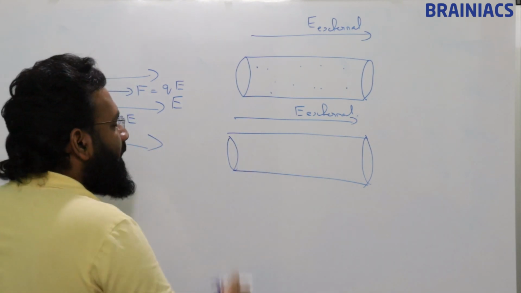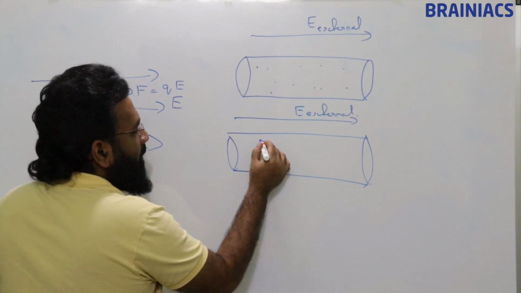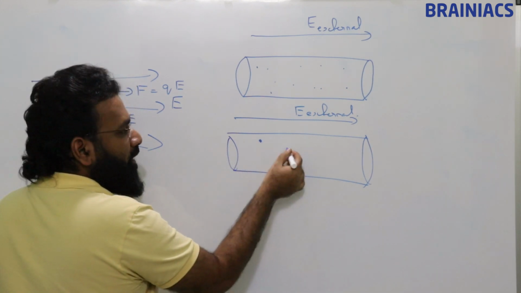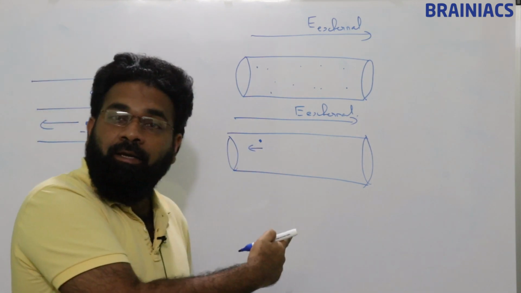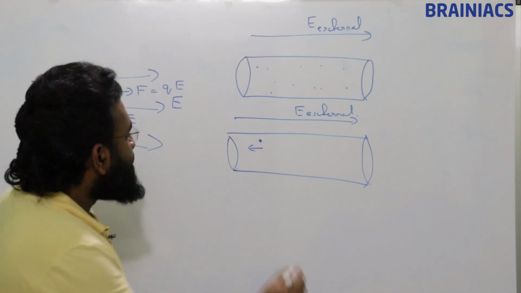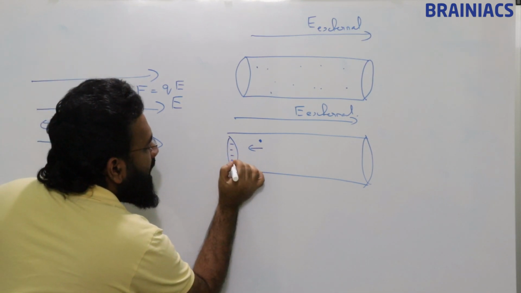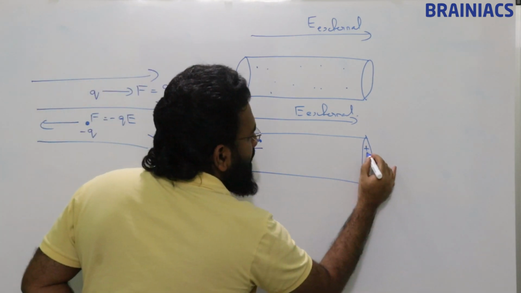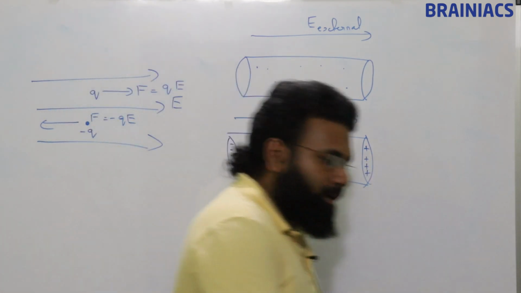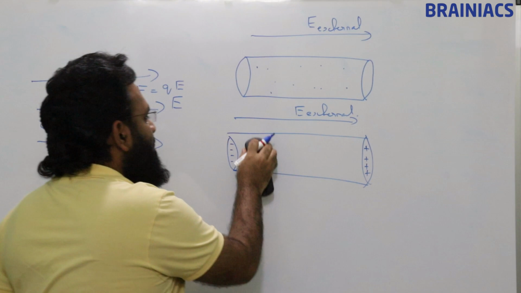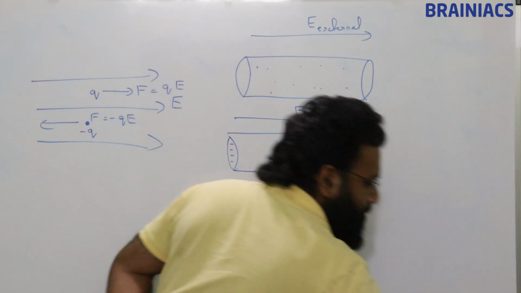So what will happen here? All the electrons will move towards the left side, that is, the direction opposite to the electric field, and all the electrons will accumulate here, and all the positive charges will accumulate here. So charge accumulation happens.